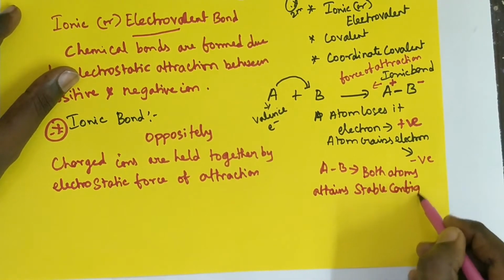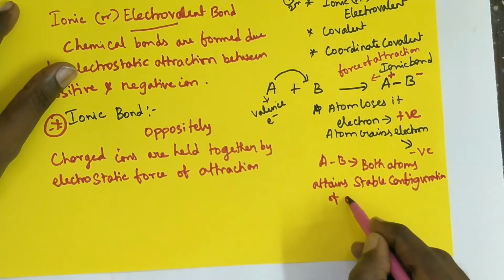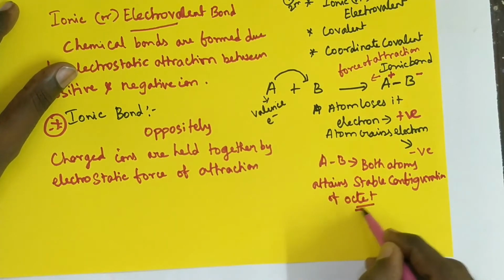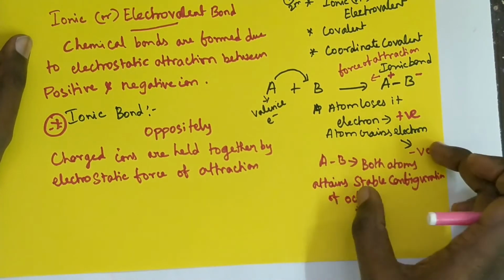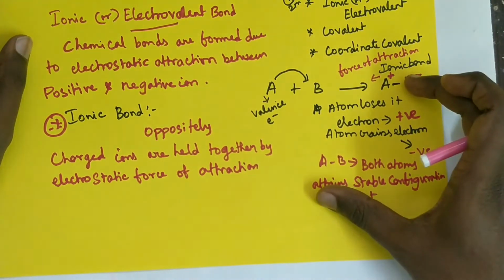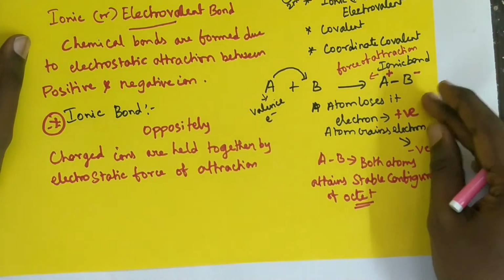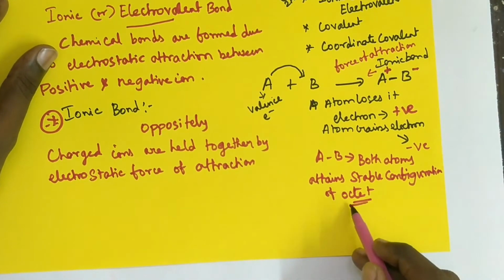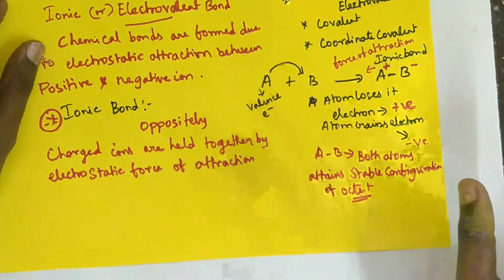Always remember, once the compound attains octet or duplet configuration, only then is the molecular compound stable, otherwise the compound is unstable.